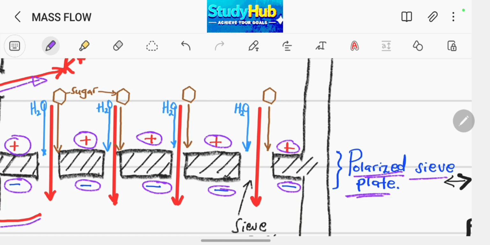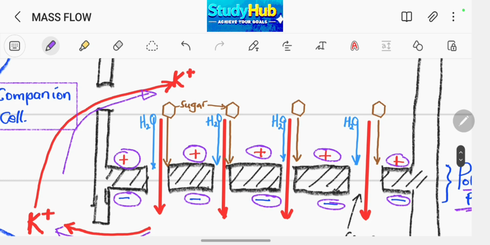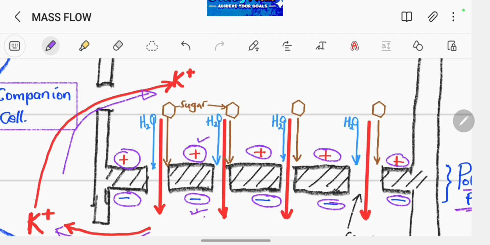So, as you see here, we have the positive charge accumulating up and the negative charge accumulating down.